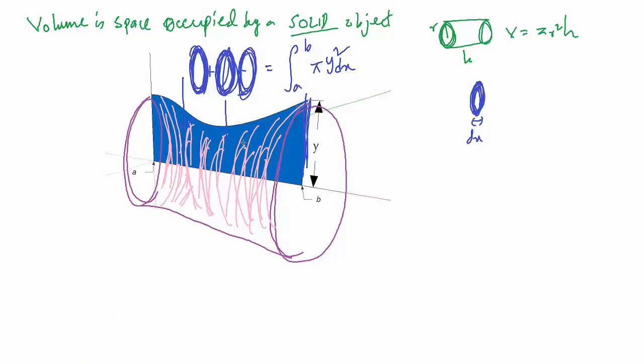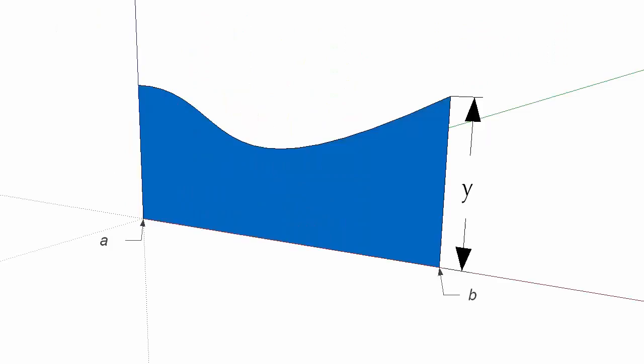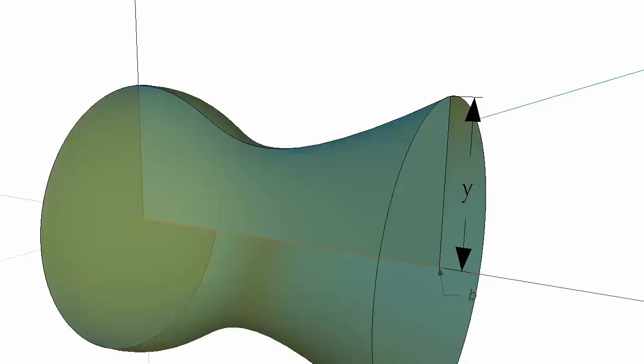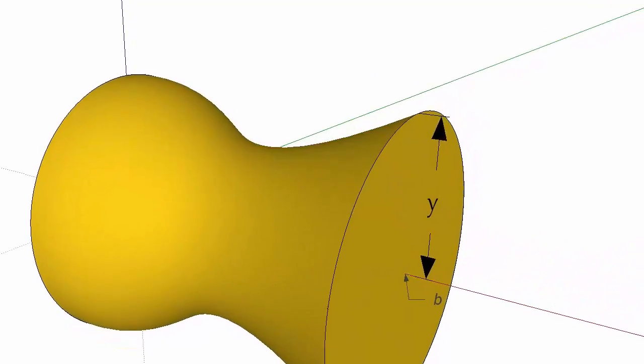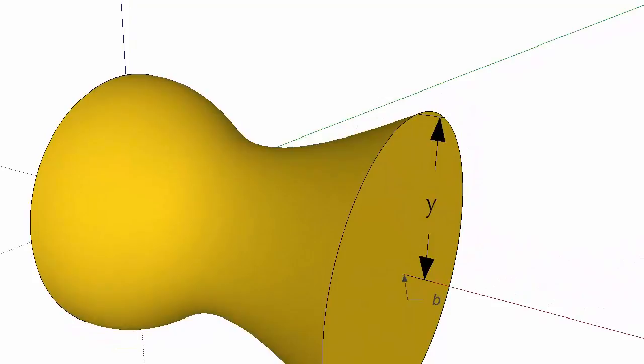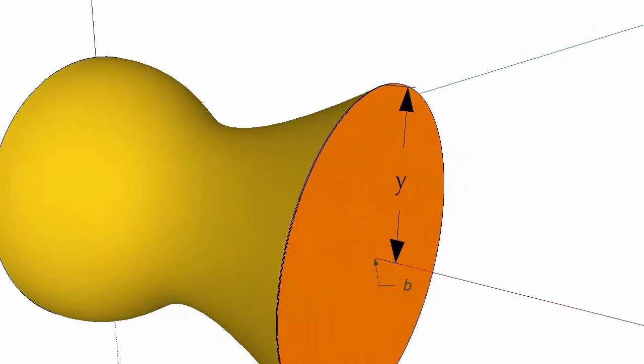So if this is the region, and we rotate it, it becomes a solid like that. When we want to find the volume of this solid, we break it down into small slices.